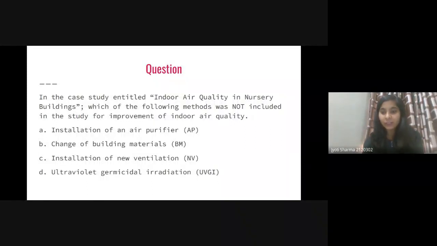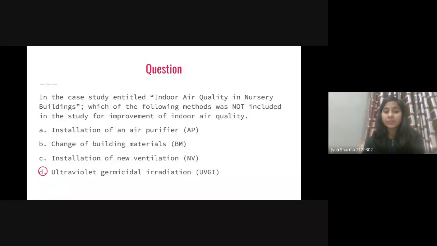Rashmi gave me answer D. Yes, the answer should be D, because the sir already talked about how we can manage indoor air quality in a nursery building, and we had three methods by which we can control it. The first is installation of an air purifier. The second is changing the building material, for example buying good wooden material so that the use of formaldehyde can be avoided.